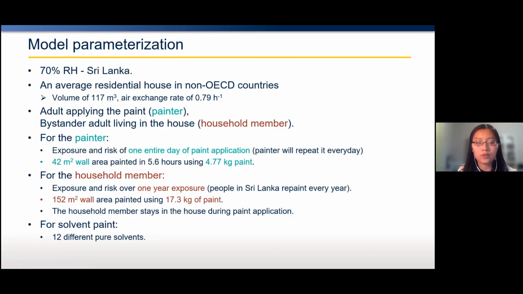It includes 42 square meters of wall area, so we assume that the painter can only paint 42 square meters per day. And for the household member, we estimate the exposure and risks over 1 year. They will have the wall area of the entire house painted, so it's 152 square meters. And we assume that the household member stays in the house during the paint application. And for solvent paint, we model the solvent as 12 different pure solvents.